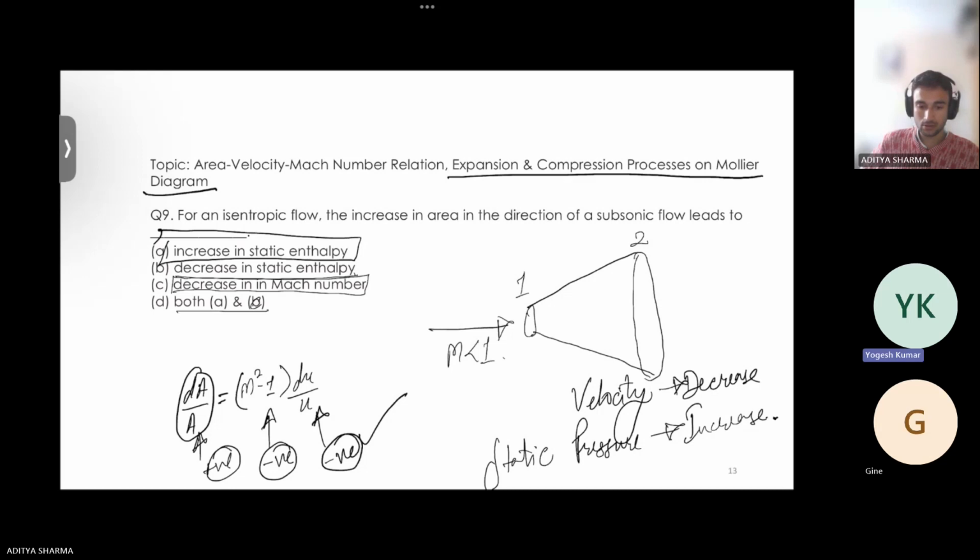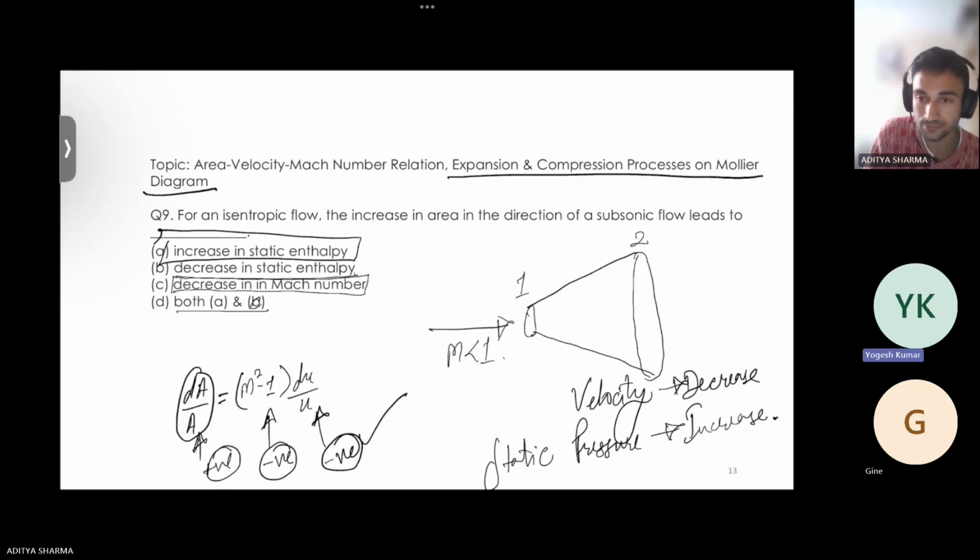In the direction of subsonic flow, the static enthalpy will decrease. But I believe that the area has to be in the picture.